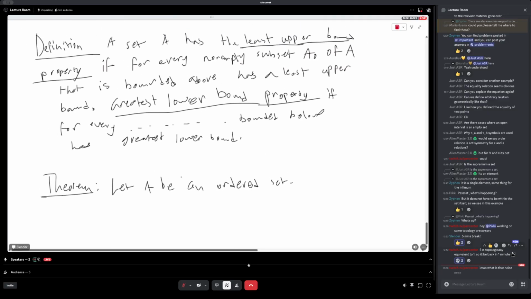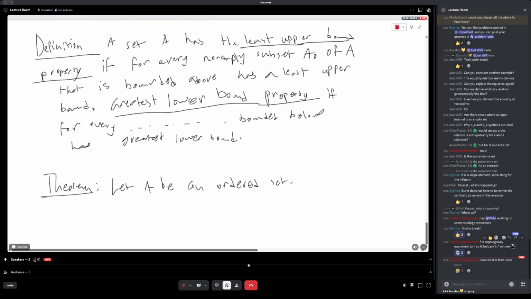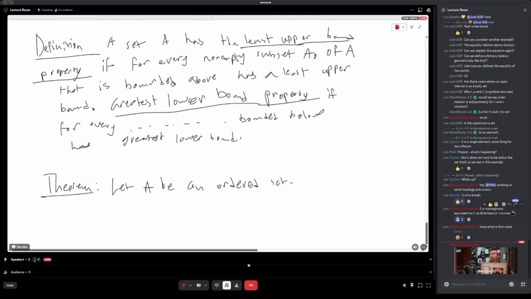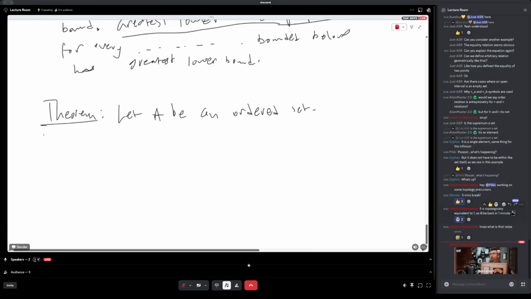What we want to show is that if this set has the least upper bound property, then this set also has the greatest lower bound property. Sorry about the noise, it's really noisy here.